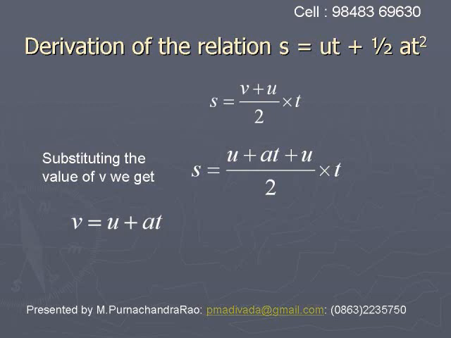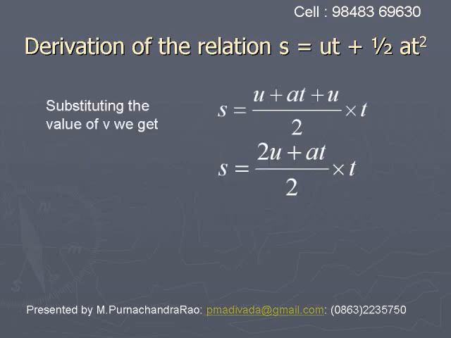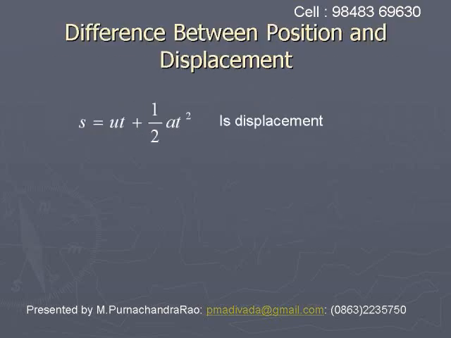So, substituting, we get u plus at plus u by 2 into t, or s is equal to 2u plus at by 2 into t, that is ut plus half at square. Therefore, s is equal to ut plus half at square.